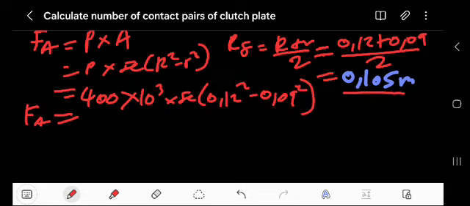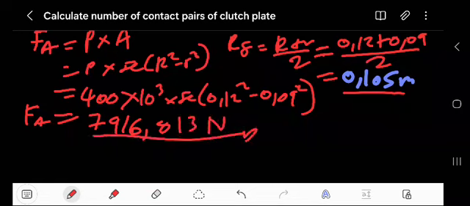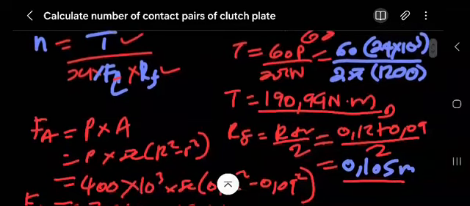We know that our R is 0.12 squared minus 0.09 squared. So the axial force, if you multiply 400 times 10 to the power of 3 by pi, then by 0.12 squared minus 0.09 squared, I got 7,916.813. This is measured in newtons, since it's a force.